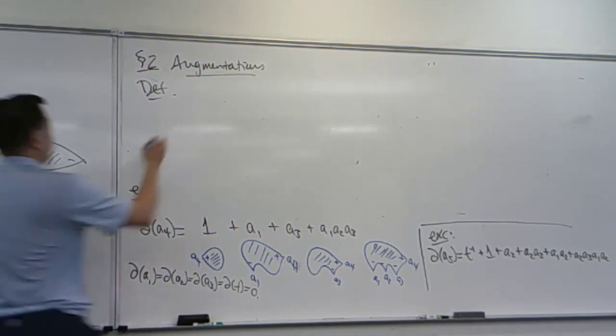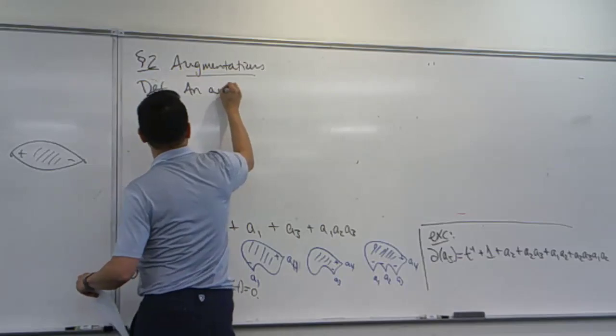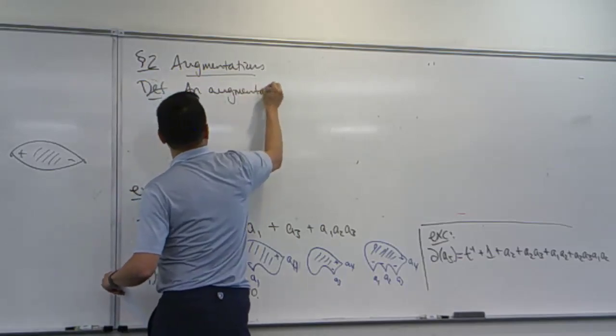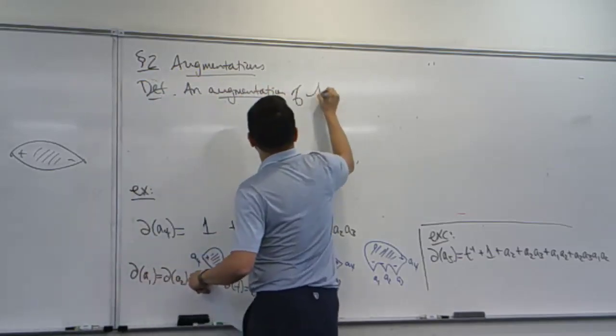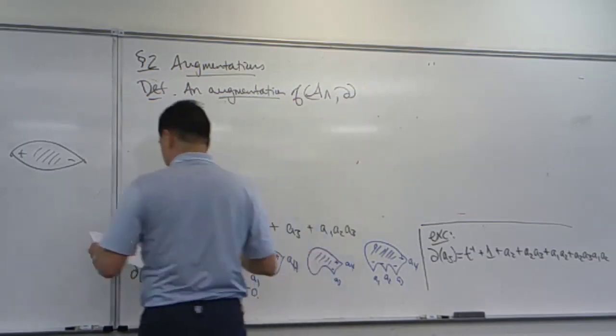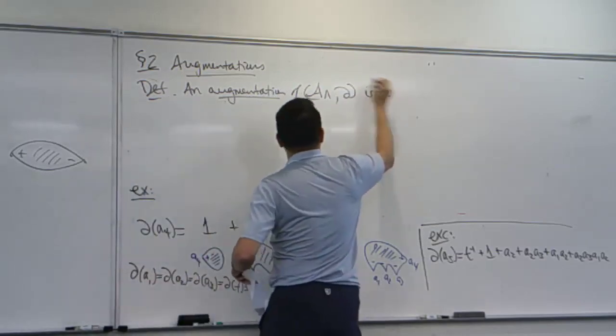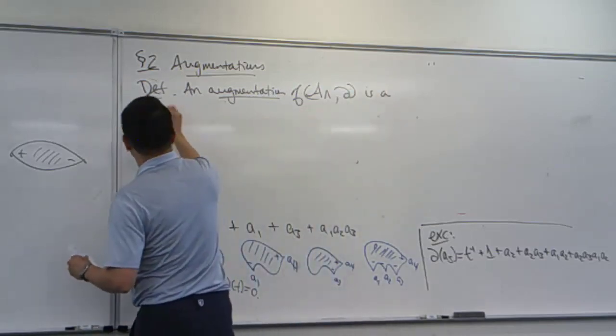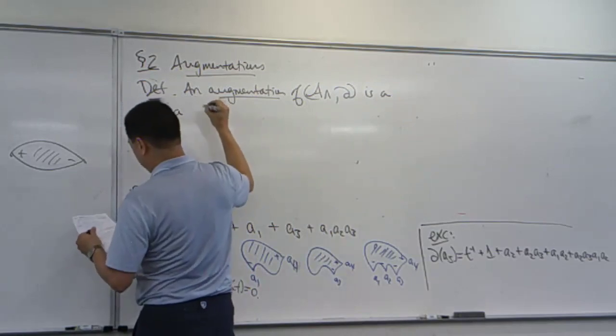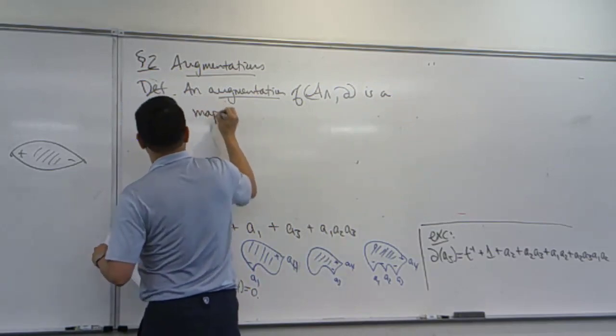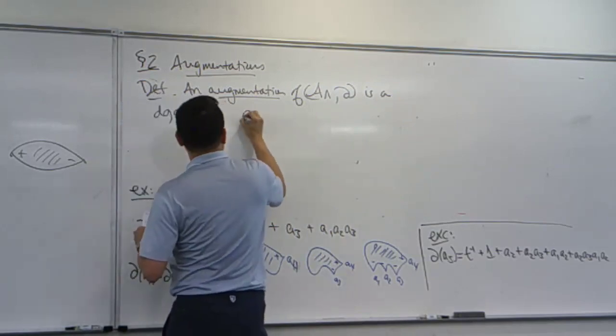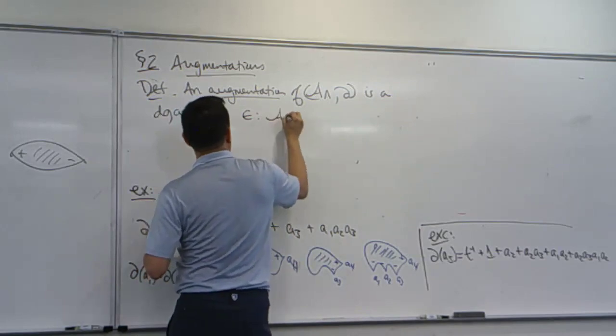So, definition, augmentation. An augmentation of one of these differential graded algebras is, let me say it as succinctly as possible first, a differential graded algebra map, which I'll write as epsilon.